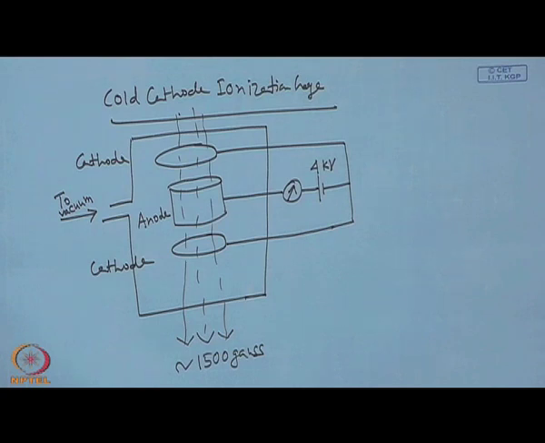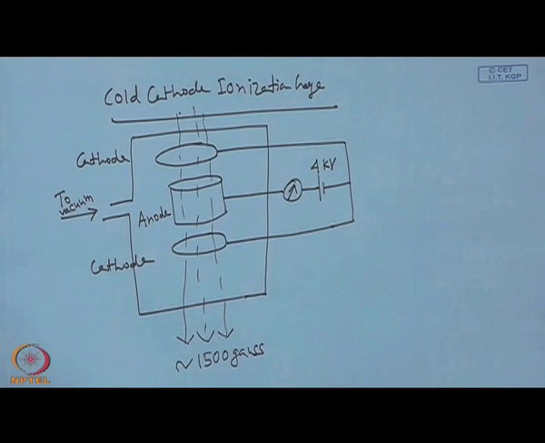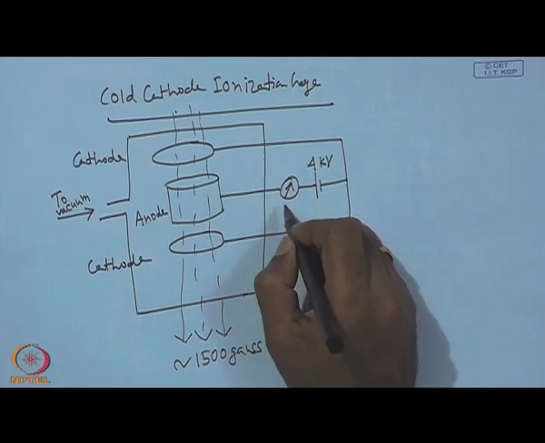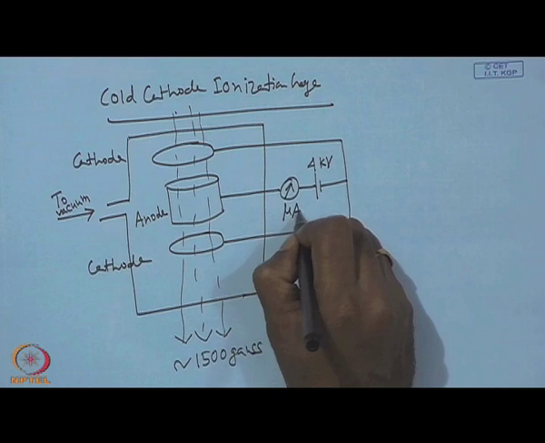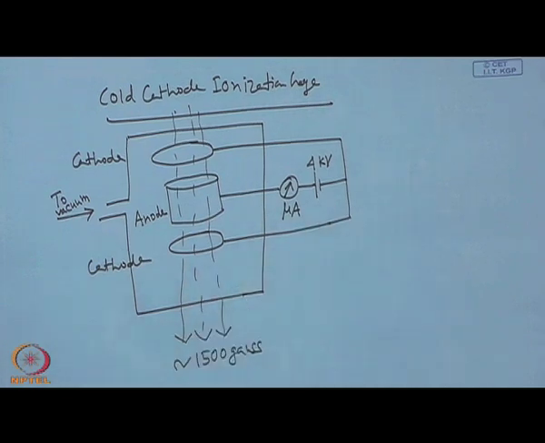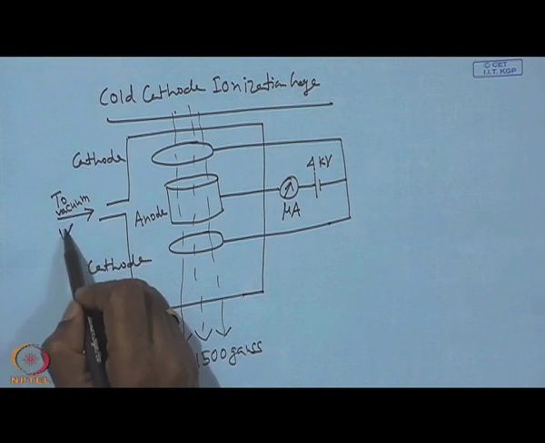So, this increases the electron path length, and thus the possibility of collisions and formation of positively charged ions increases. The reading from the microammeter will indicate the pressure.